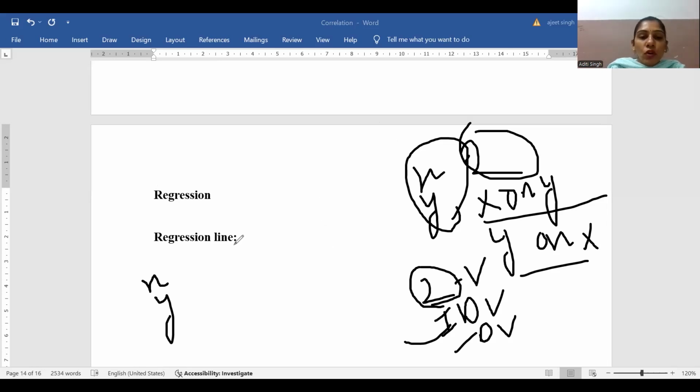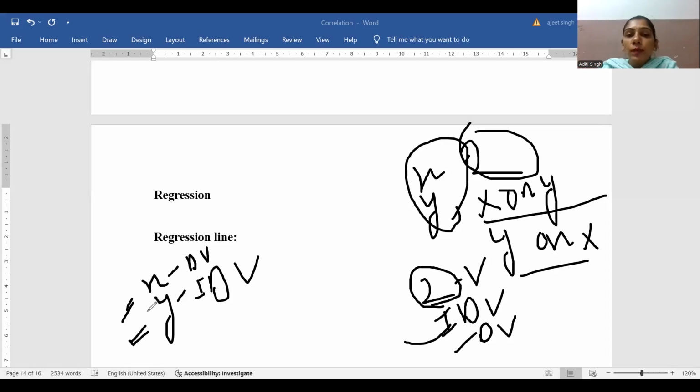This is not permanent. Suppose we have two variables x and y. It is not fixed that one is the dependent variable and the other is the independent variable. We have to assume that x is the dependent variable and y is the independent variable, or x is the independent variable and y is the dependent variable.